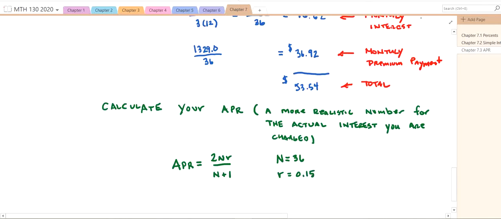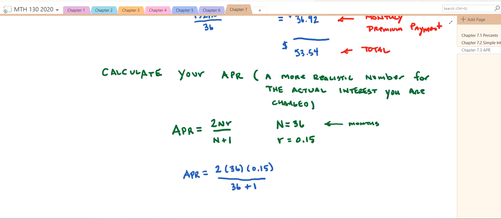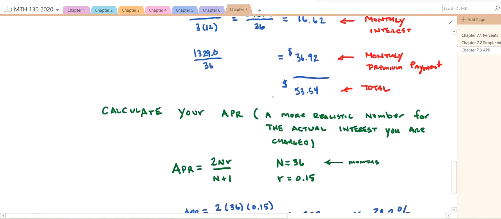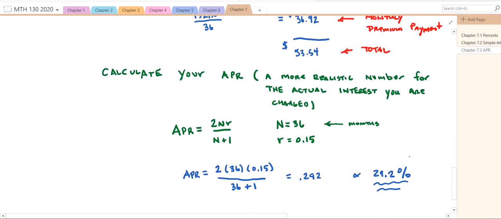So this is 36 months, or the number of times you make payments. So then we just plug these numbers into this equation, and we end up with 0.292, or 29.2%. So instead of 15%, you're actually paying 29.2%. And in a nutshell, that's what APR does. It tells you what your effective interest rate is, and it's going to always be higher.